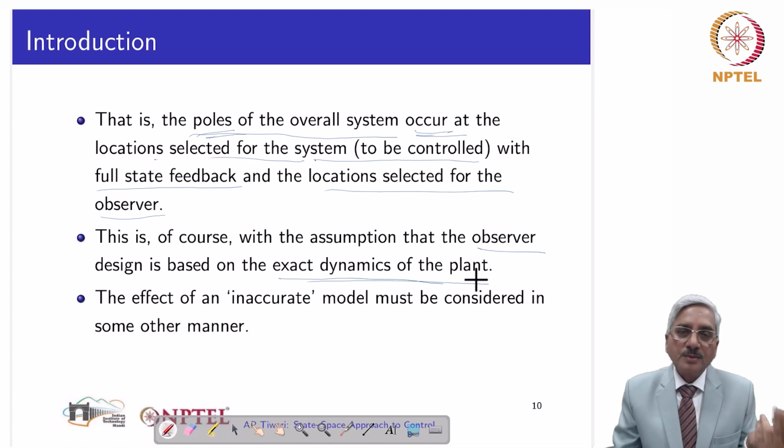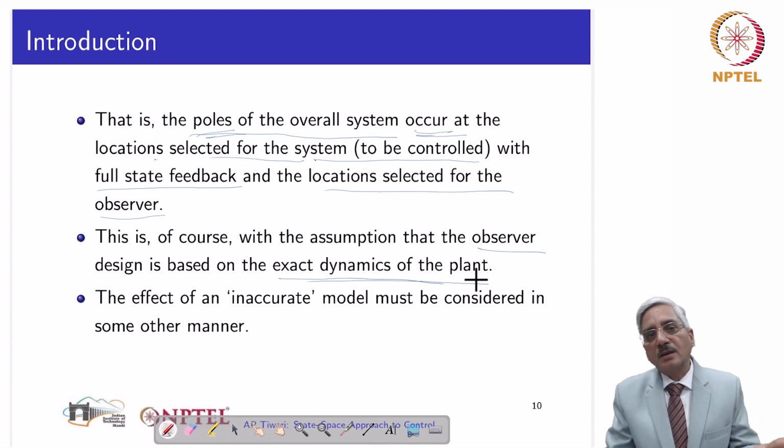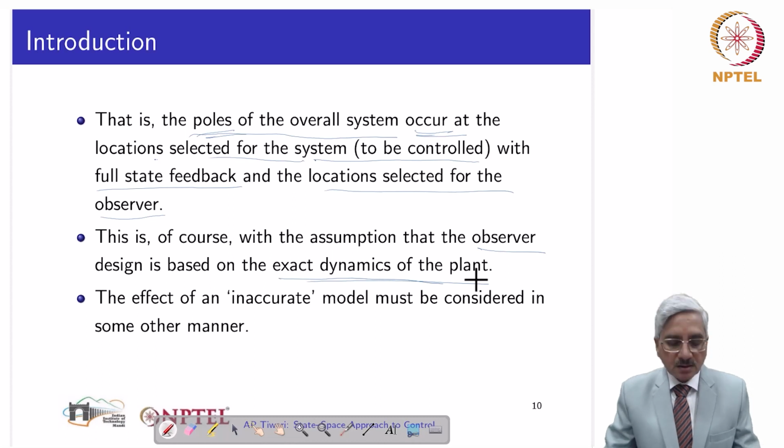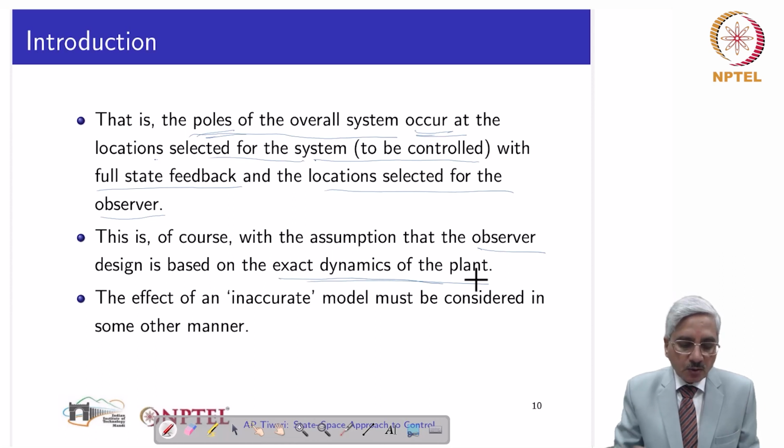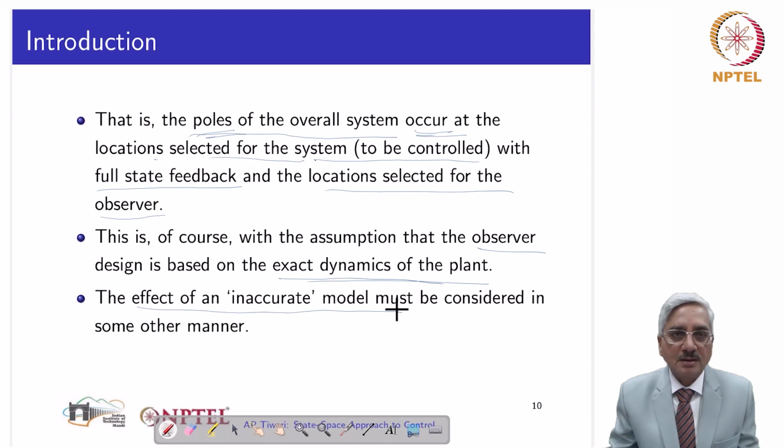If, however, the system x dot equal to Ax plus Bu, that model is not a true representation of the given physical system, then we have an inaccurate model. So what is the effect of an inaccurate model and how to consider this?